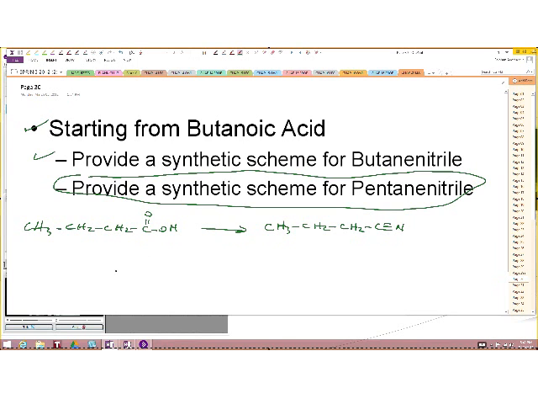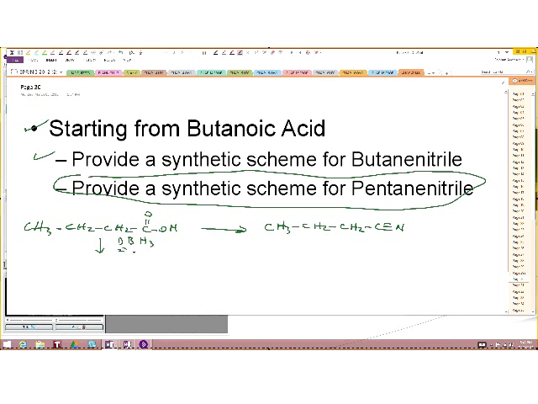What do you think we need to do here? If you take a look at the problem, we are going from this molecule, butanoic acid, which contains 4 carbon atoms, and of course butanenitrile also contains 4 carbon atoms. How do we approach this? Yes. You want to reduce the carboxylic acid, turn it into a primary alcohol.